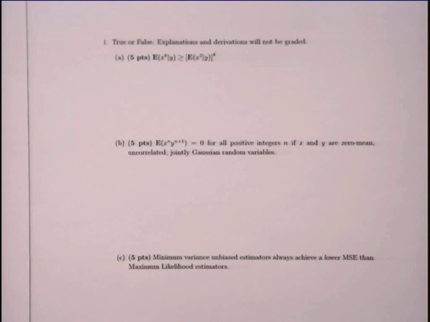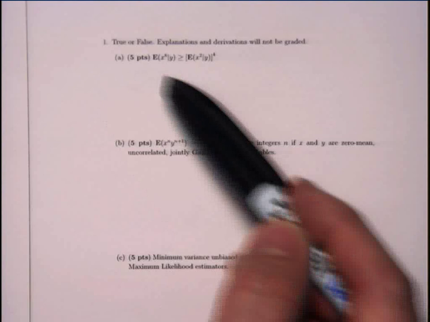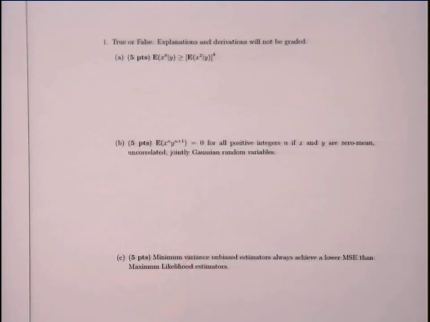Anybody try this? There's no conditions on x and y. I mean, obviously, if they're uncorrelated, then the conditioning doesn't give you any information, right? But even if that was the case, it's still not obvious that the expected value of x to the 8 is bigger than or equal to the expected value of x squared. Even if you get rid of y, that still doesn't give you an obvious answer, right?